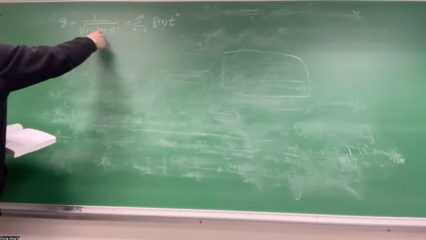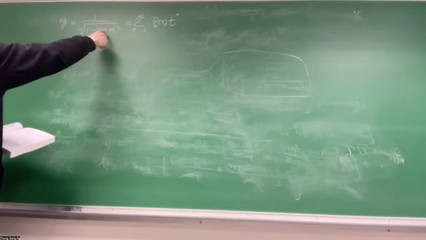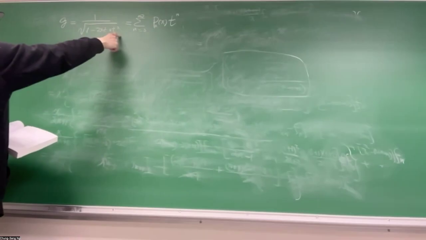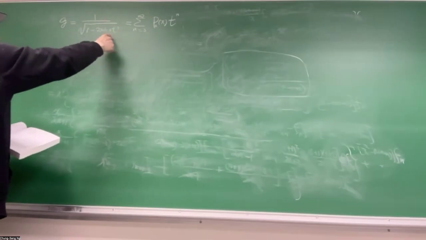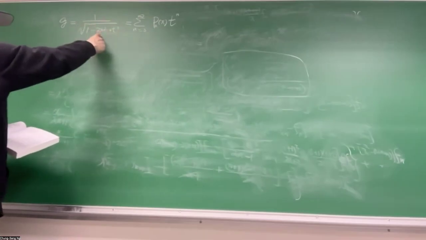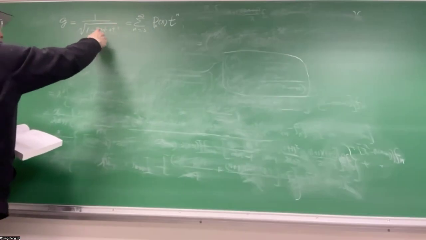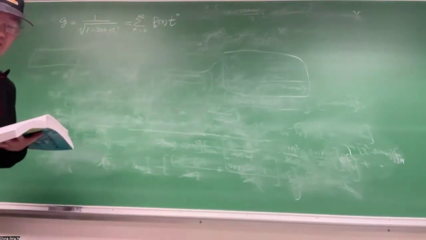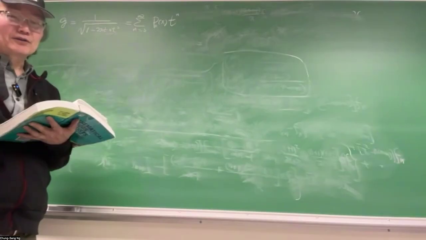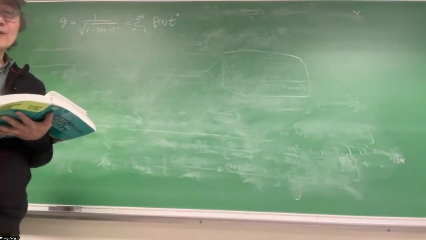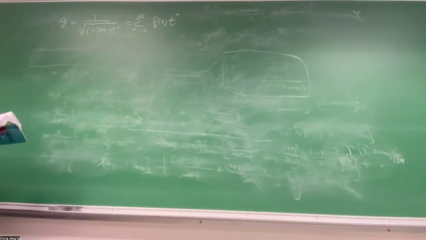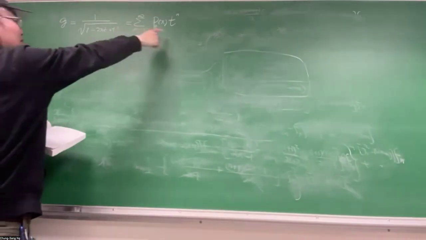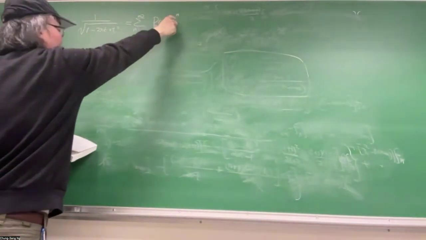But this has 2 kinds of power of t. You have t linear and t square, and then to a certain power n. Then for each of these powers, you still need to do a binomial expansion to get the power of t. And then you collect all the power of t to form a form like that, t to the power n.